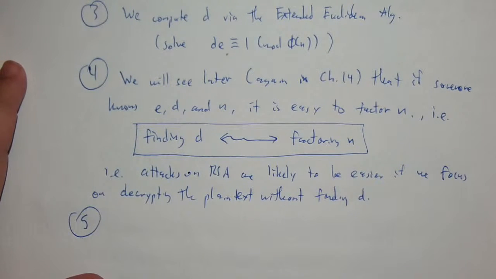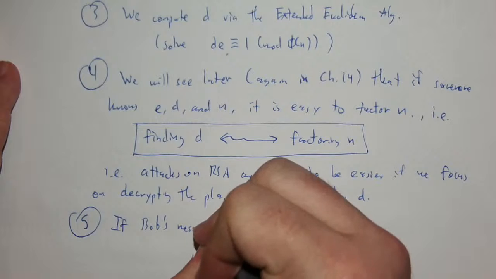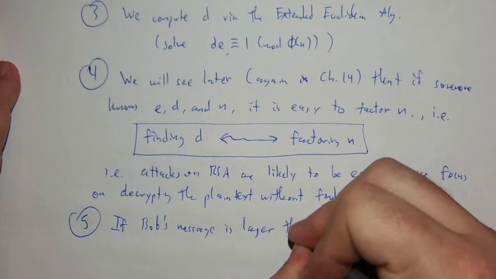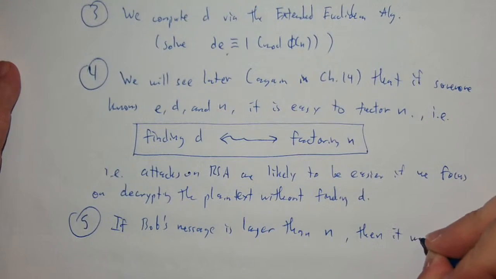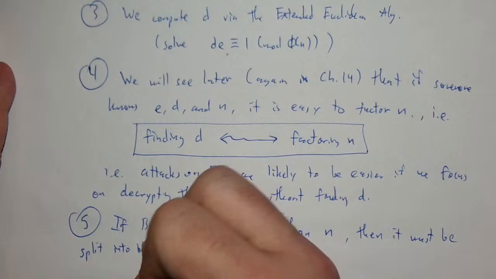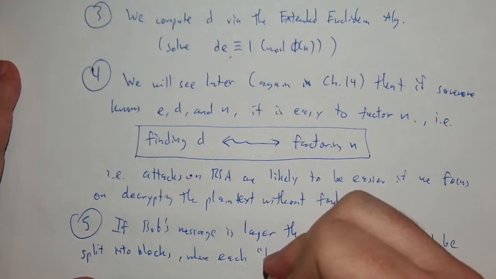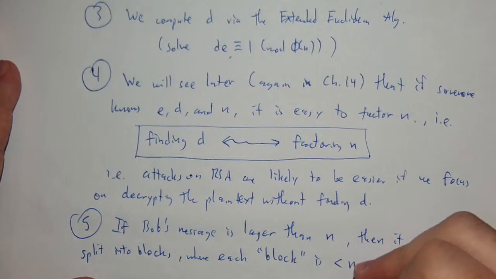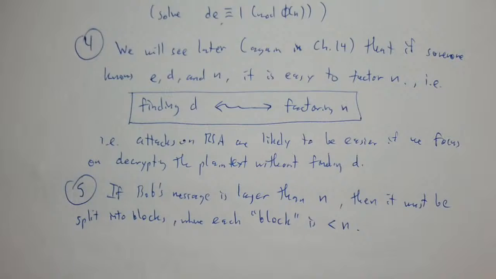And lastly, if Bob's message turns out to be bigger than N, then it must be split up into blocks, where each block is less than N. We don't really care about the practical concerns here about sending messages larger than N. We're not actually going to be doing the cryptography, we're just interested in the math side of things.